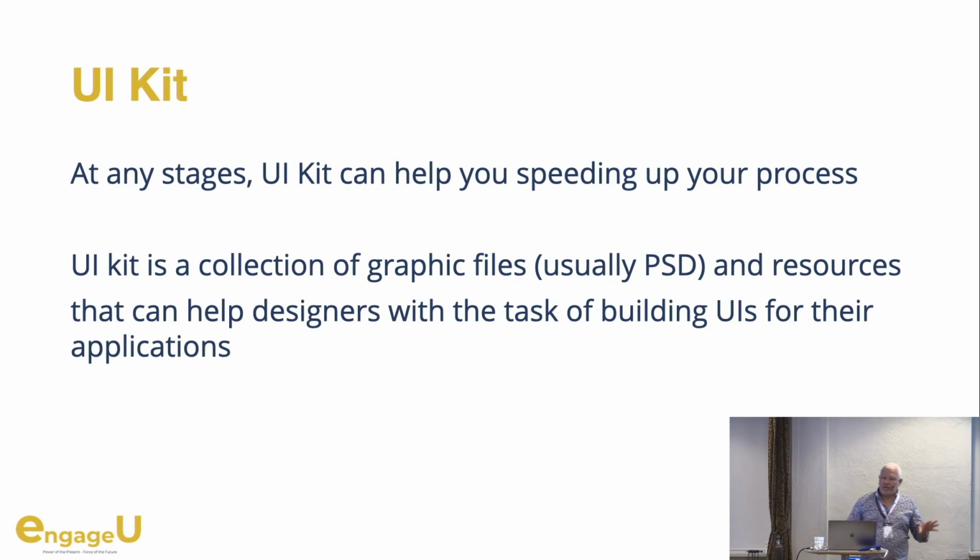So as I said, UI kits are a collection of graphics. Most of the time they are PNG or PSD, PSD being for Photoshop. Some of them are SVG. These kinds of resources can be used on your FileMaker screen if you want to put them in as graphics, but most of the time you can use them as an idea for building better buttons or UI on your FileMaker, if you don't have a dedicated tool like Photoshop or XD.